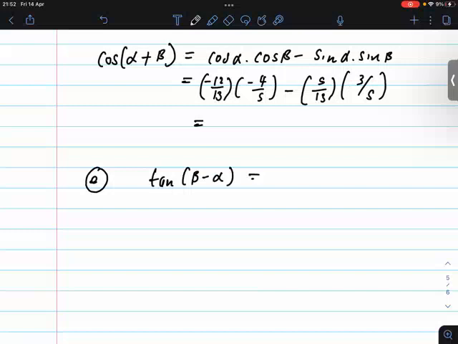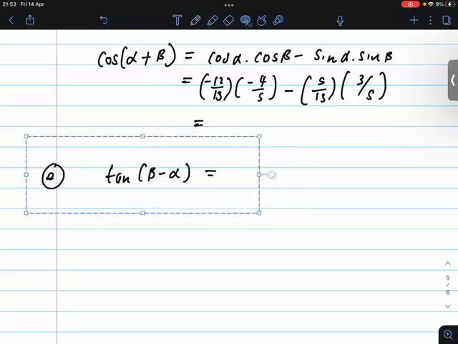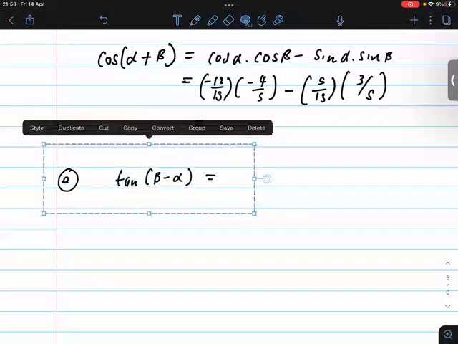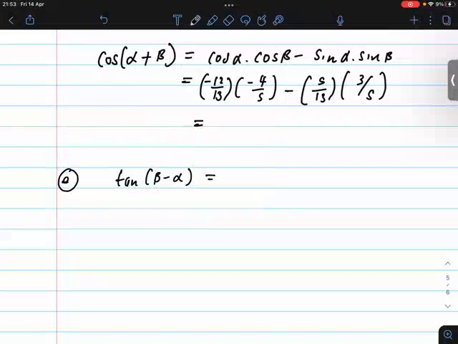So how do we get tan of beta minus alpha? Because we do not have a compound angle for tan of beta minus alpha. Sir, why can't we just get the tan of beta minus the tan of alpha?